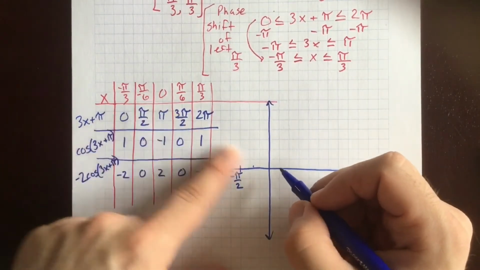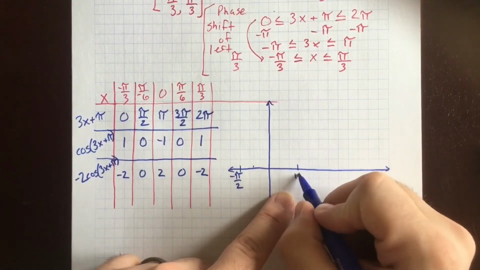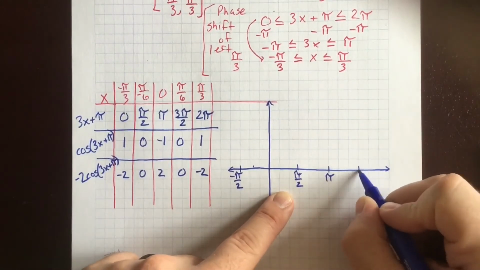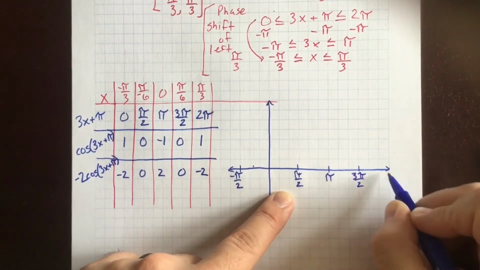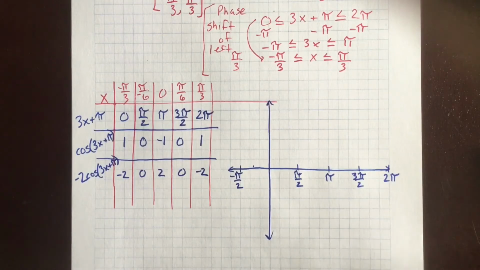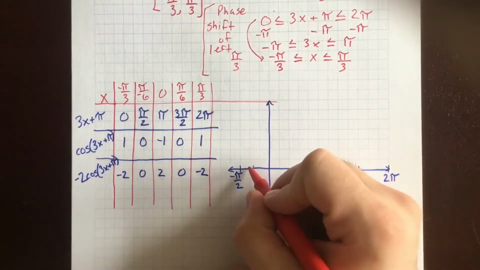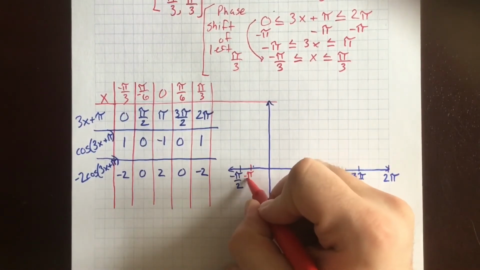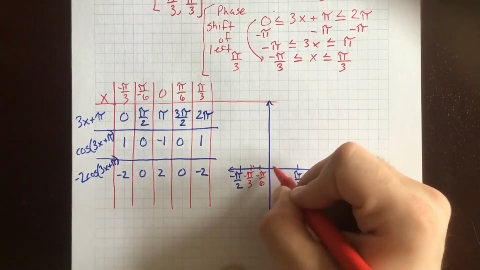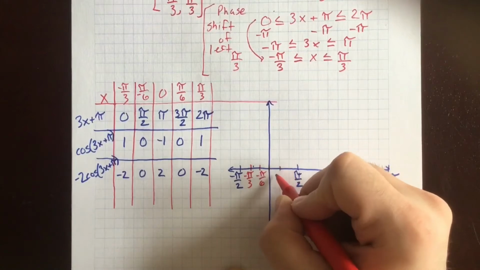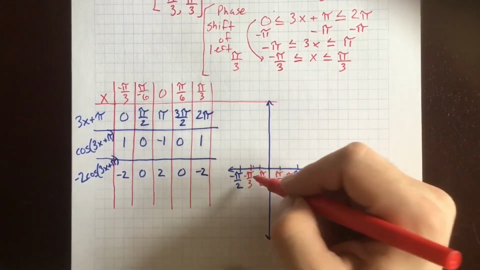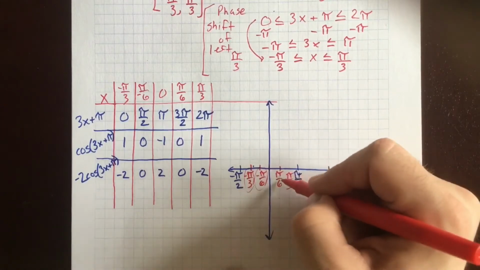And so then that'd be 0, positive pi over 2, pi, so every 3 spaces, 3 pi over 2, and 2 pi, just enough room. So we look at this and we write down negative pi over 3. We need negative pi over 6 too. We need 0. We need positive pi over 6 and positive pi over 3. So there are the 5 values.